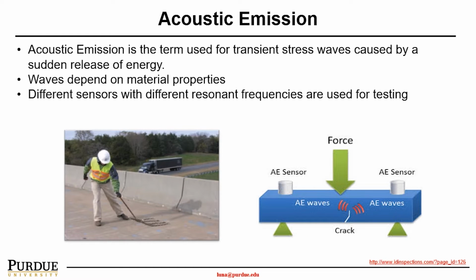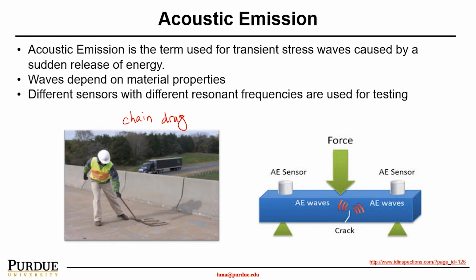Other than visual inspection, acoustic methods are often used for bridge inspection. Here is an example. On the left, the inspector is using a chain, so we call this the chain drag method. They drag a metal chain on top of the bridge deck, and by listening to the sound rebounding back to the inspectors, they can identify whether there is a delamination on the bridge deck.